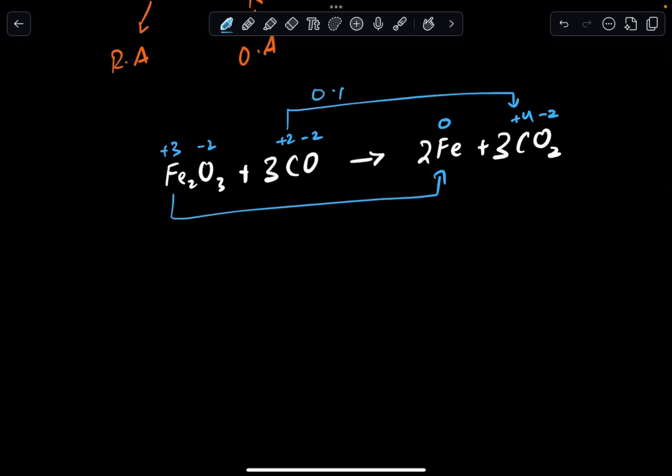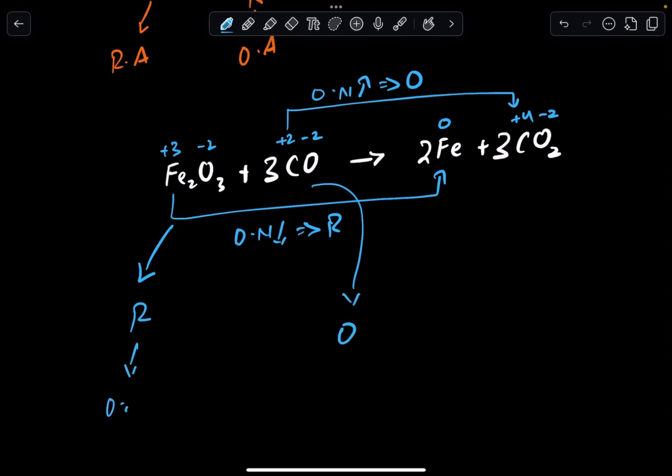Increase in oxidation number means oxidation, and decrease in oxidation number means reduction. So this is being reduced and this is being oxidized. Reduced means oxidizing agent, oxidized means reducing agent. So iron oxide is the oxidizing agent. Why? Because it oxidizes other. The other is the reducing agent because it reduces other.